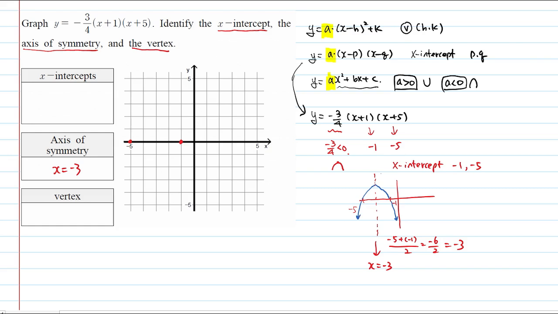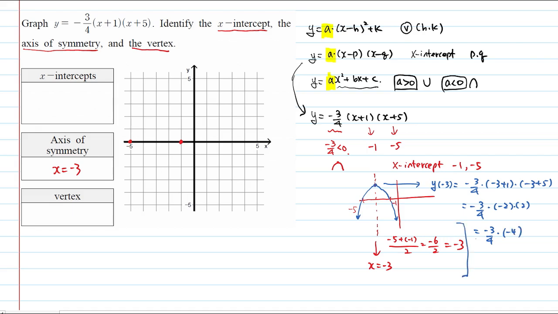Now then, how do we find the vertex? To find the vertex, you plug in the x value, which is negative 3. That's negative 3 over 4 times negative 3 plus 1 times negative 3 plus 5. That's negative 3 over 4 times negative 2 times 2. So negative 3 over 4 times negative 4.